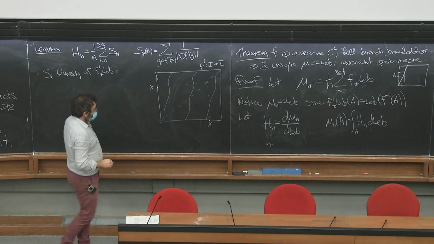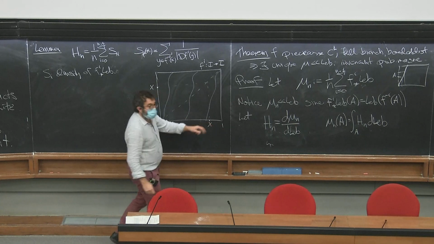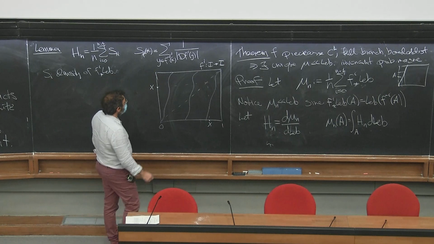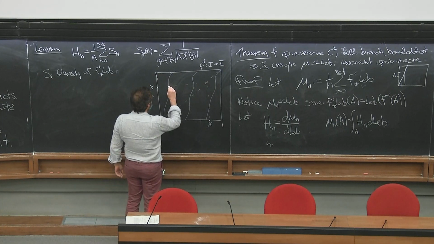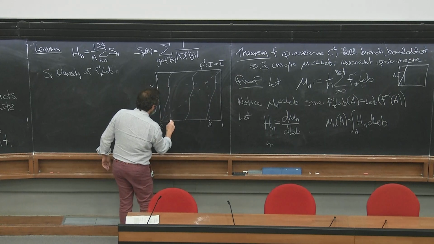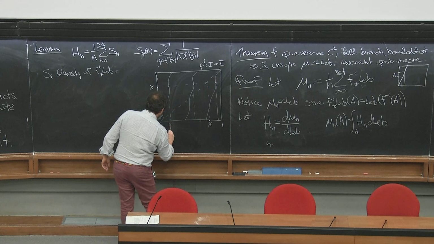But the density is actually on the interval here. You look at the point x, and the density at x is given by looking at all the pre-images of x. These are the pre-images of x.